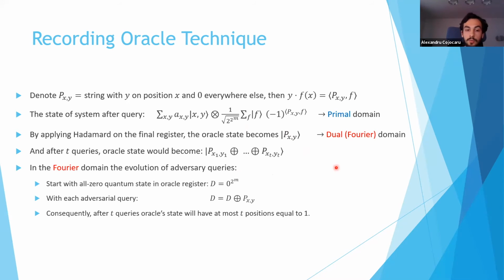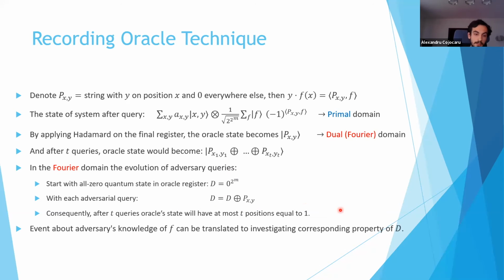To do so, we just need to start with the all zero state. Then after each adversarial query, we XOR to d a value p_xy. So this observation tells us that after t queries of the adversary, the oracle state will have at most t positions equal to 1, because each time we are just XORing with p_xy, which has at most one non-zero position.